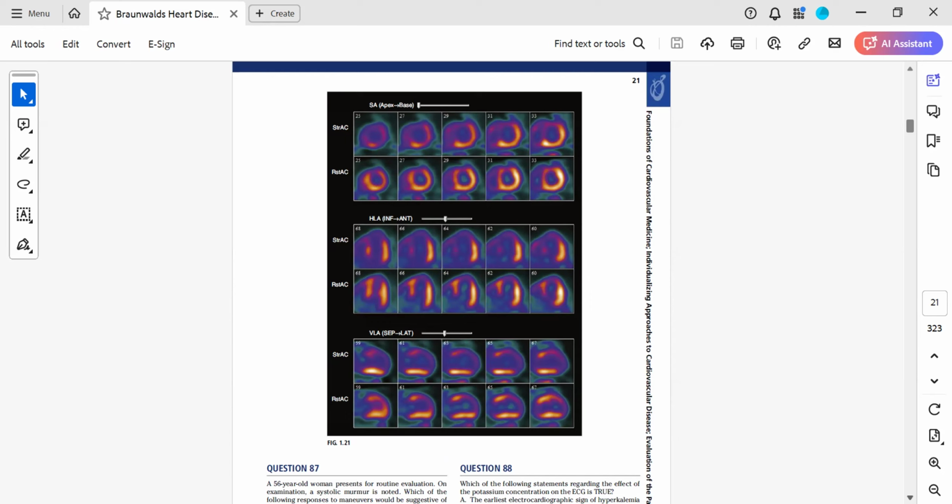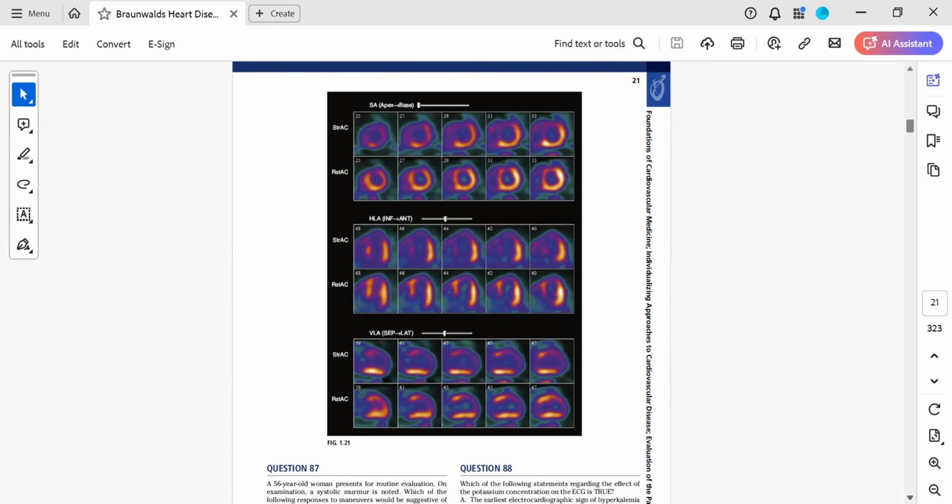So how to interpret this flow tracing is that at rest, you can find normal flow, but during a stress test, you will now be able to find defects that would show that there is stress-induced obstruction or narrowing of the coronary arteries.